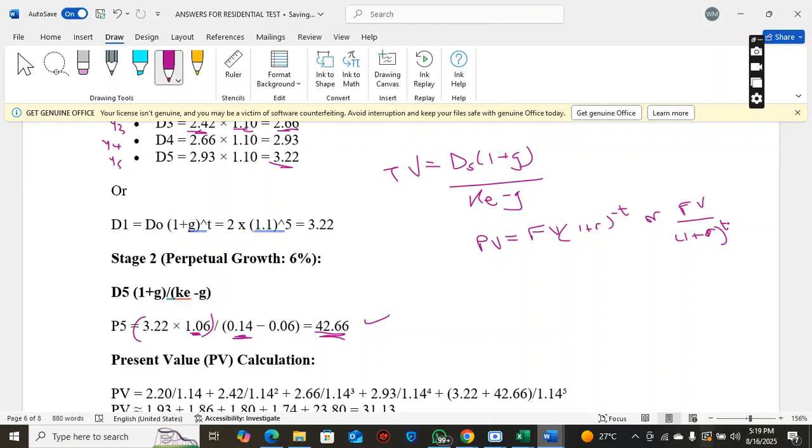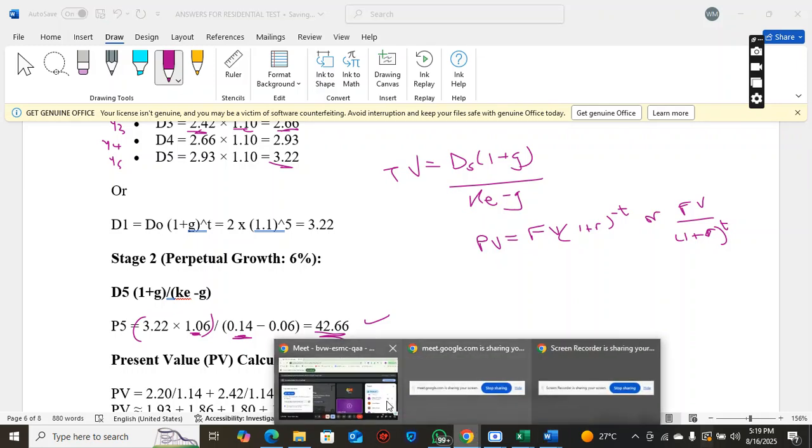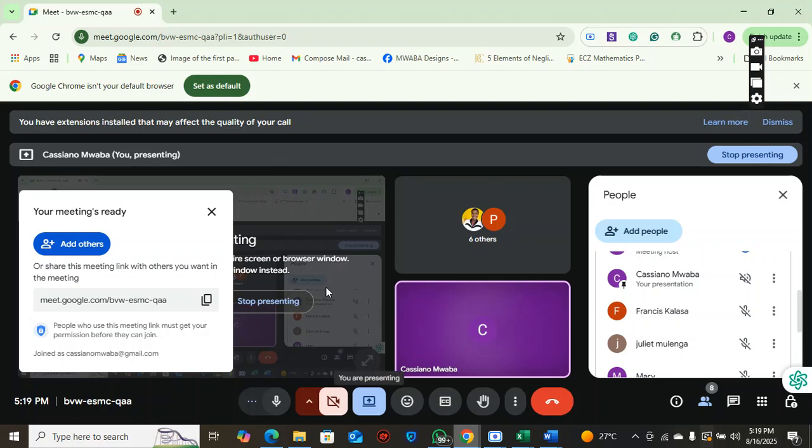Now, when discounting, colleagues, what are we going to use as our discount rate?